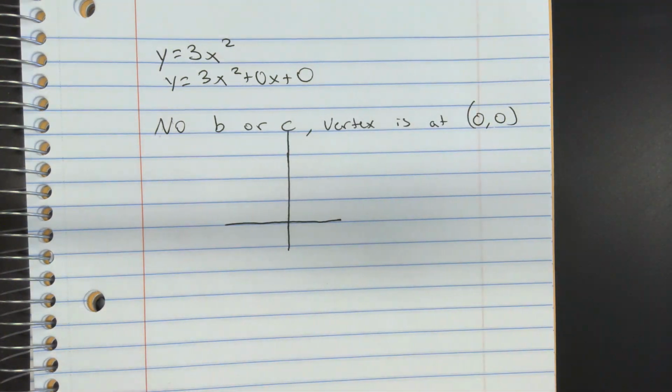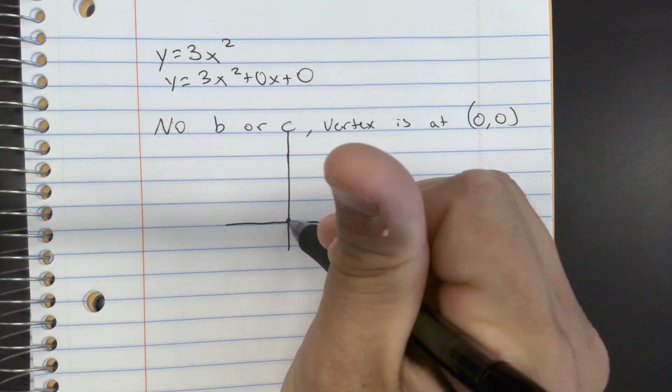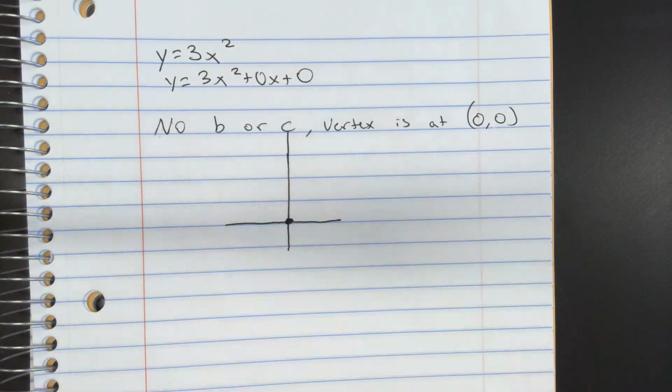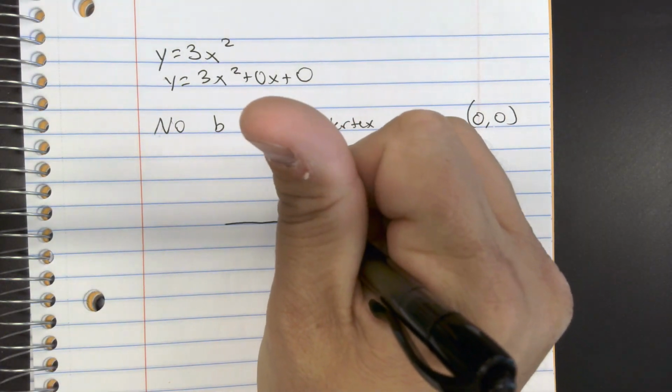So, if there's no B or C, the vertex is always at 0, 0. Which is cool, right? So it's always at the origin, meaning the vertex to this problem is going to be right there. Now we can actually do our little shortcut.